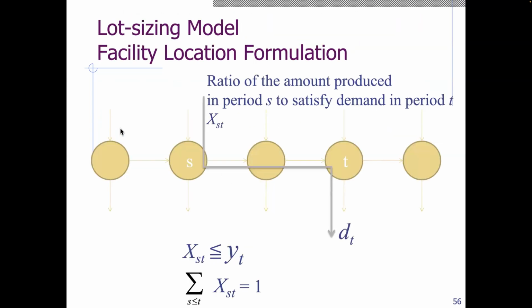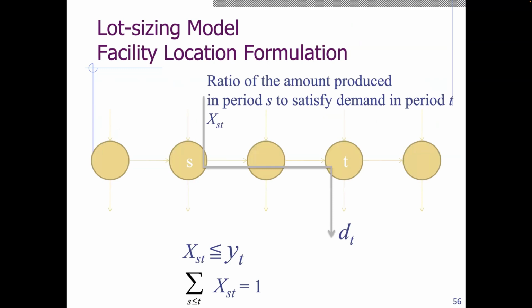This figure shows the flow model of this new extended formulation. The flow variable is the ratio of the demand in period t produced in period s. Since x_{st} is less than or equal to 1, the connection constraint of x and y becomes simpler: x_{st} is less than or equal to y_s.